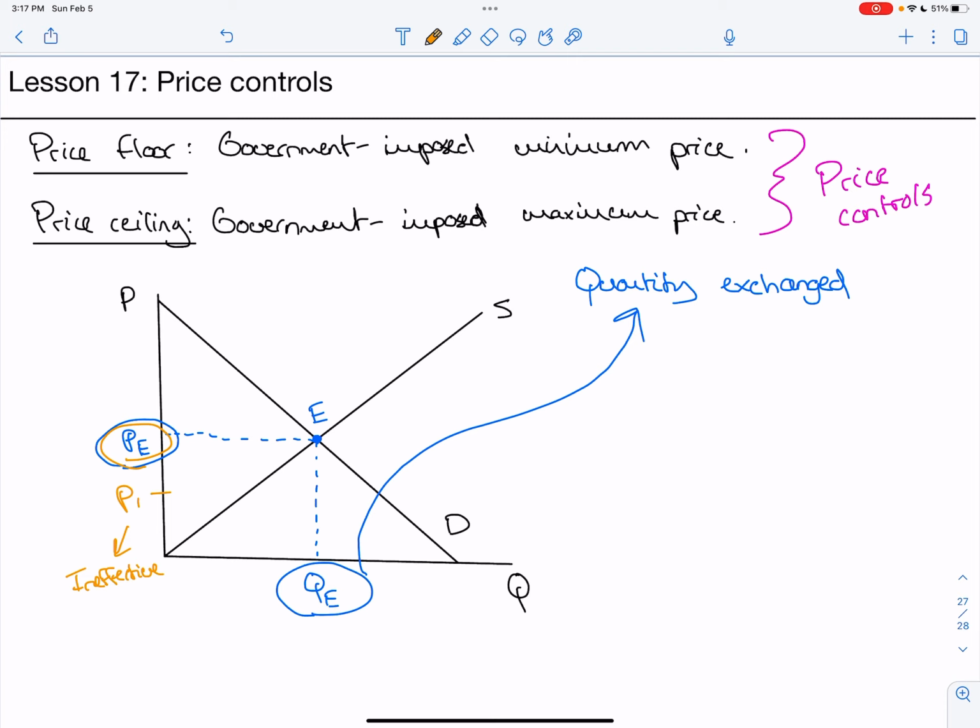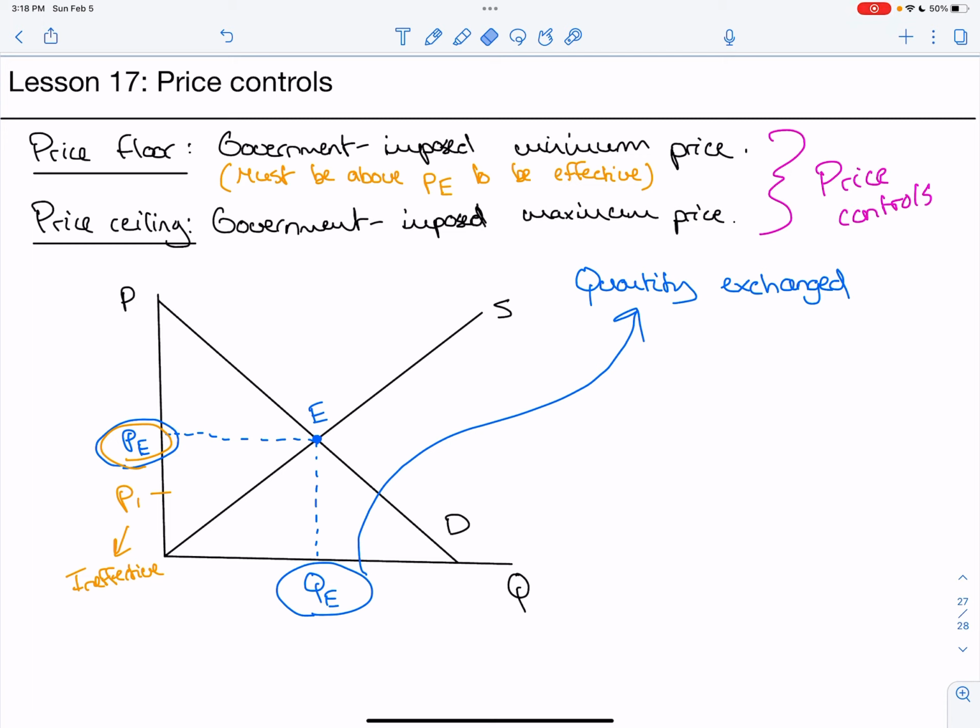So a price floor, in order to be effective, must be above the equilibrium price. Okay, must be above the equilibrium price to be effective.